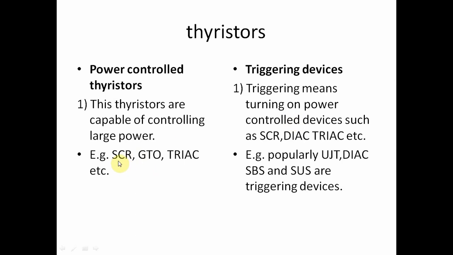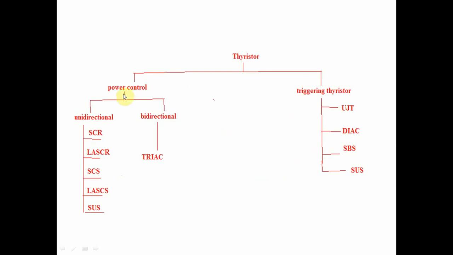These are some power controlled devices such as SCR, GTO, TRIAC, DIAC. These power controlled devices are turned on by using UJT, SBS, SUS, etc. See here, power control devices are again classified into two types: unidirectional thyristors and bidirectional power control thyristors.